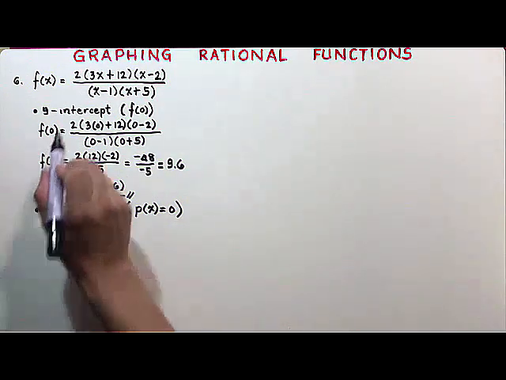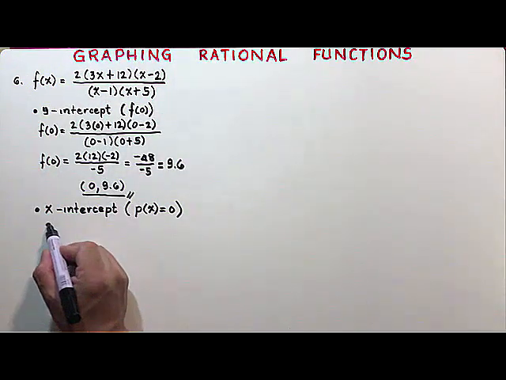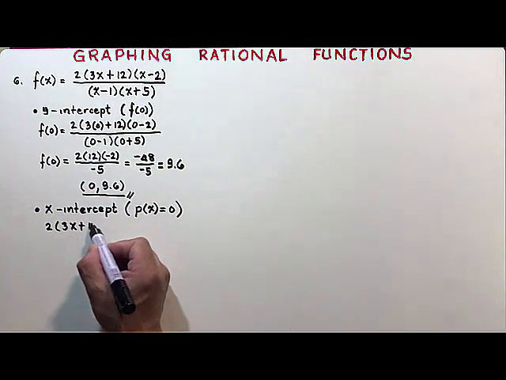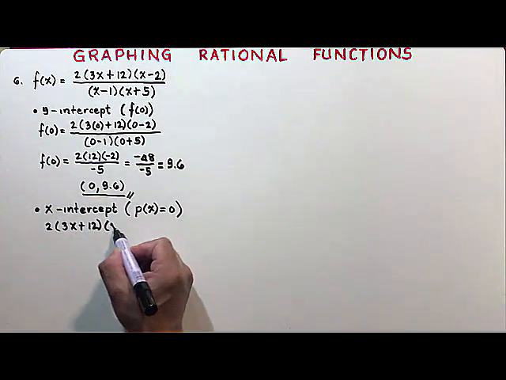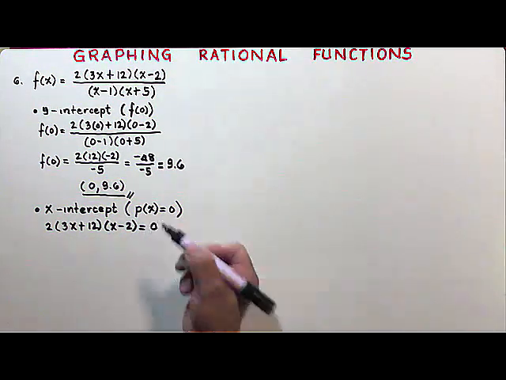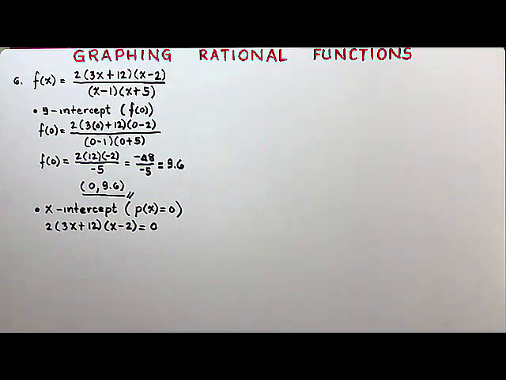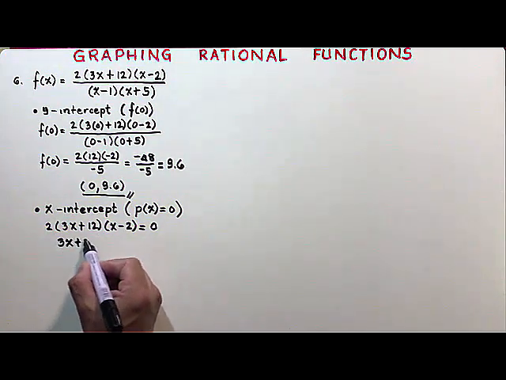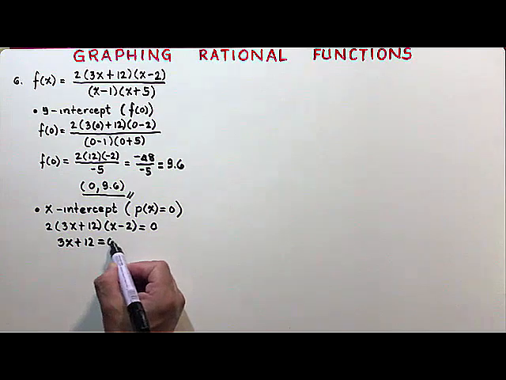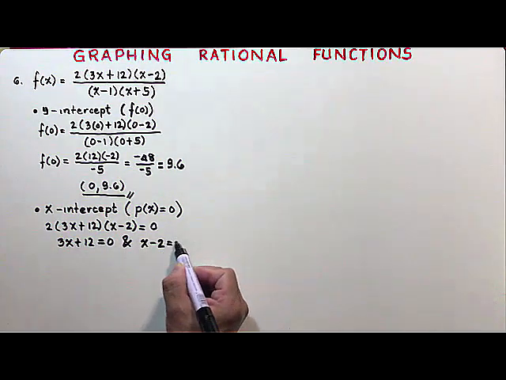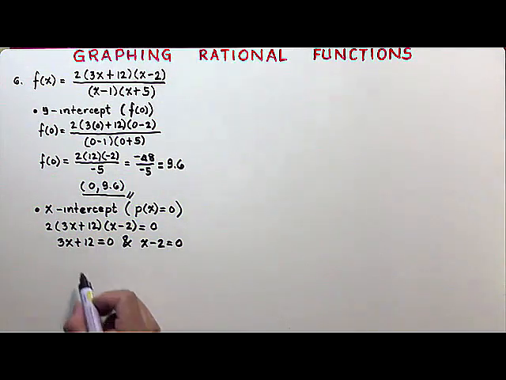Our numerator is 2 times (3x + 12) times (x - 2), and this will be equal to 0. So setting each factor to 0, we have 3x + 12 equal to 0, and x - 2, which is also equal to 0.